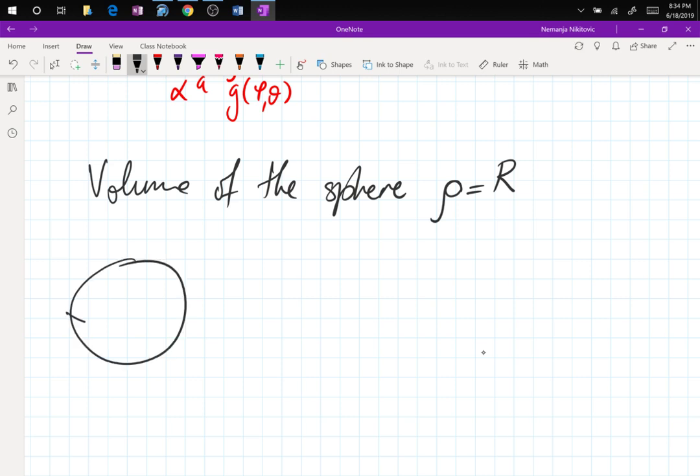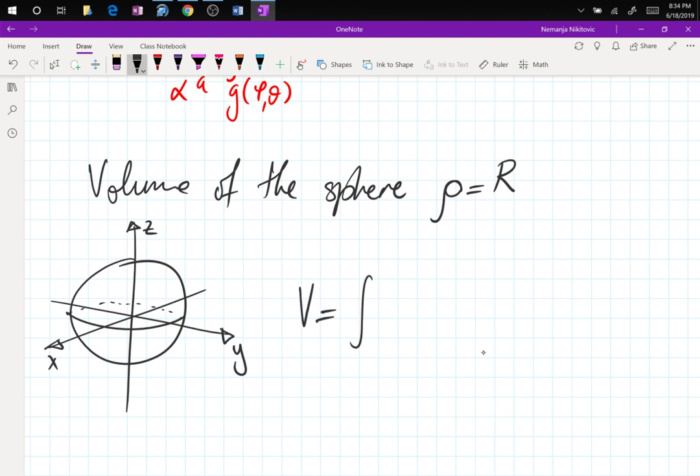I have a ball that sits in the x, y, z world, and I want to set up a triple integral in spherical coordinates.